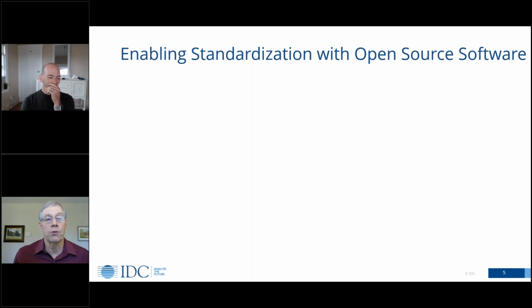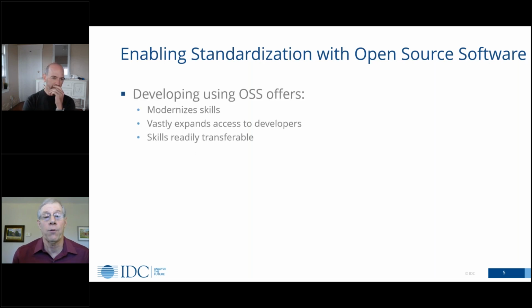So as we look at where the industry is going at this point, we see that open source software offers us the ability to provide not only a modernization of the skills that you're using, but it actually creates this environment where if you're using the same tools across multiple platforms, regardless of what the base infrastructure is and whether it's in public cloud or on premises, you get the benefit of being able to bring skills into your organization: resources, people, developers and administrators and other resources that are part of your IT platform.